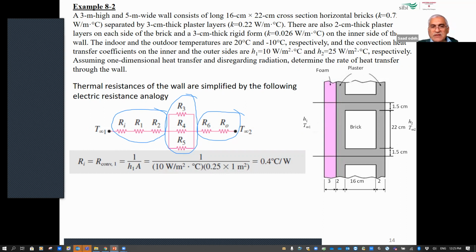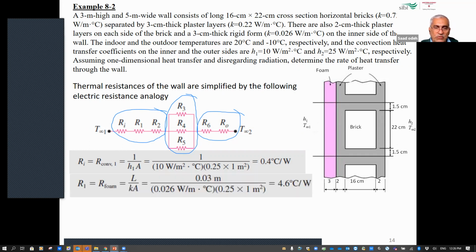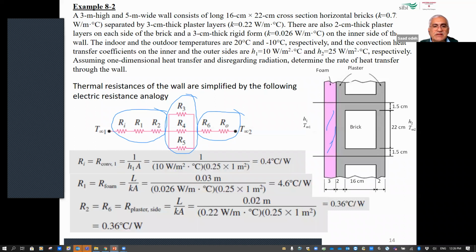Then we found R1, convection 1. We have h given and we know the area. We find the R of the foam, the pink color layer. And then we find the plaster side, the cement side, which is both sides here, this one and this one.